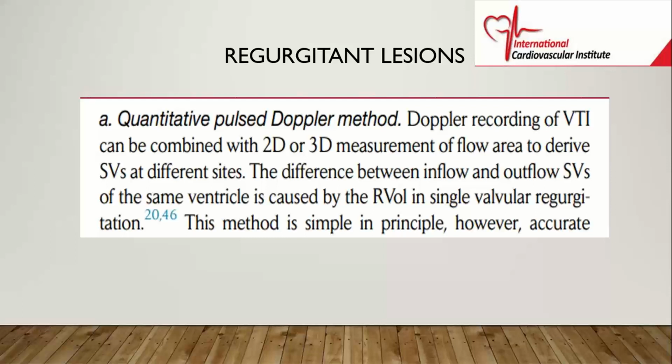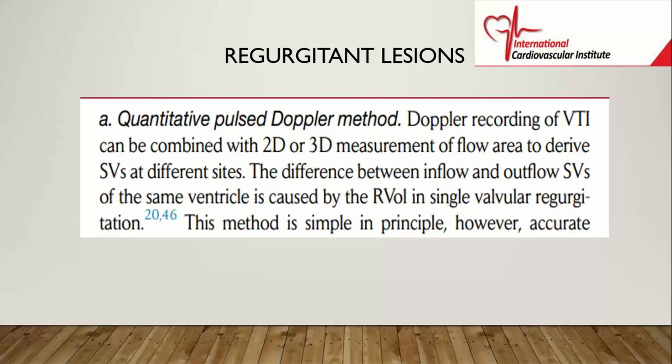So we can calculate the forward flow across the mitral valve using the formula that flow is equal to cross-sectional area times the VTI. So all we have to do is calculate the cross-sectional area of the mitral valve and multiply it by the VTI or TVI across the mitral valve, and that will give you the forward flow across the mitral valve. We know how to calculate the forward flow across the LVOT.